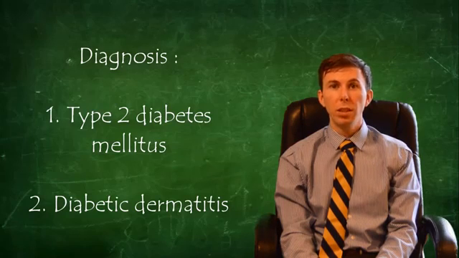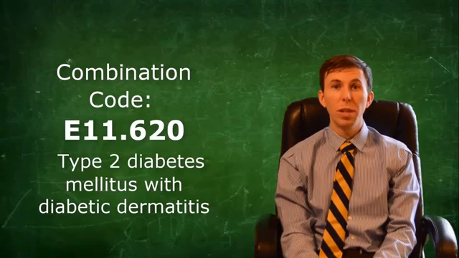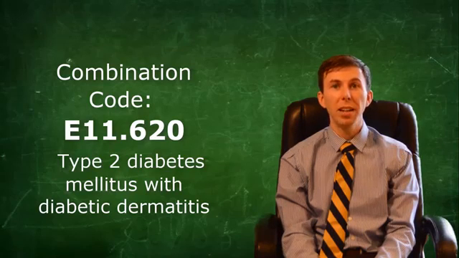Each of these diagnoses has its own code, but they also have a combination code. If you look at E11.620, you'll see the combination of type 2 diabetes with dermatitis.